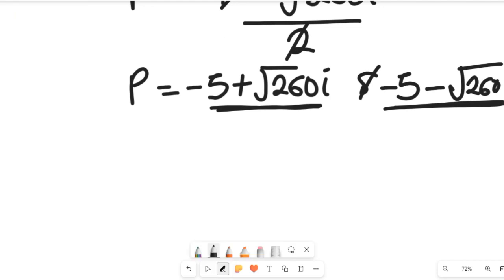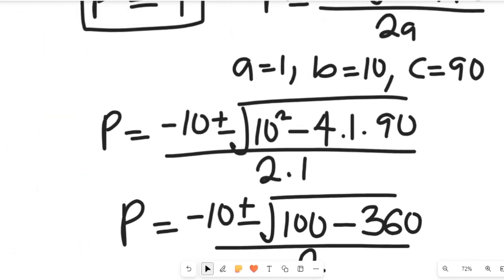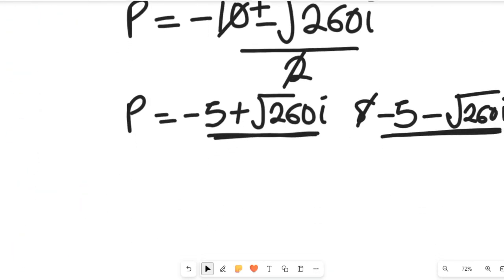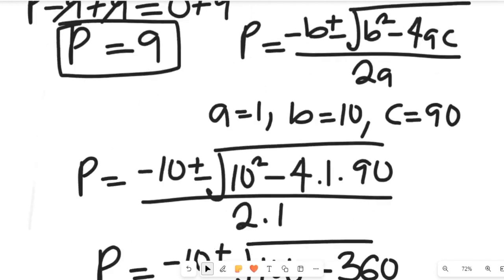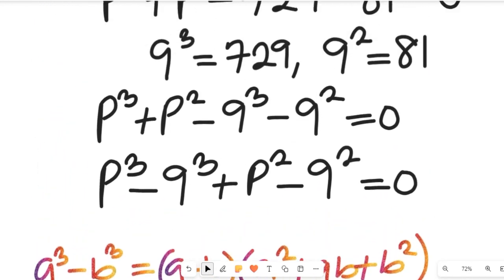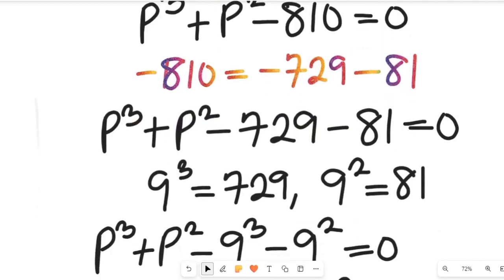Now remember earlier on that we have the first real solution to be equal to p equal to 9. So the only real solution we'll have is p equal to 9. So since we have that as the only real solution, we're going to find out if that solution is absolutely right. Remember, we are given the expression that p cubed plus p squared equals 810.